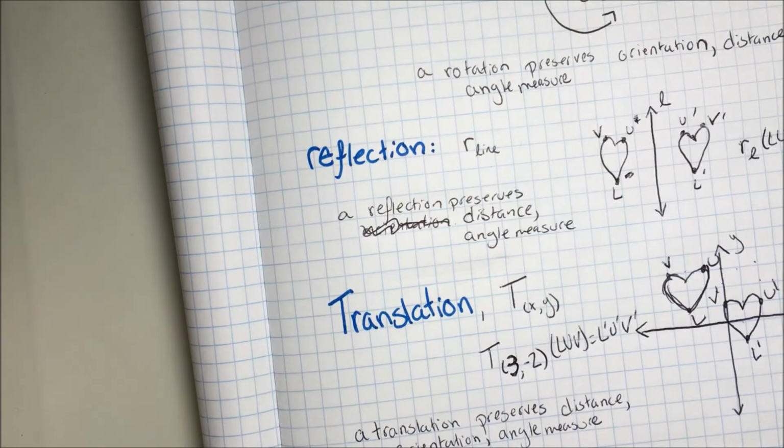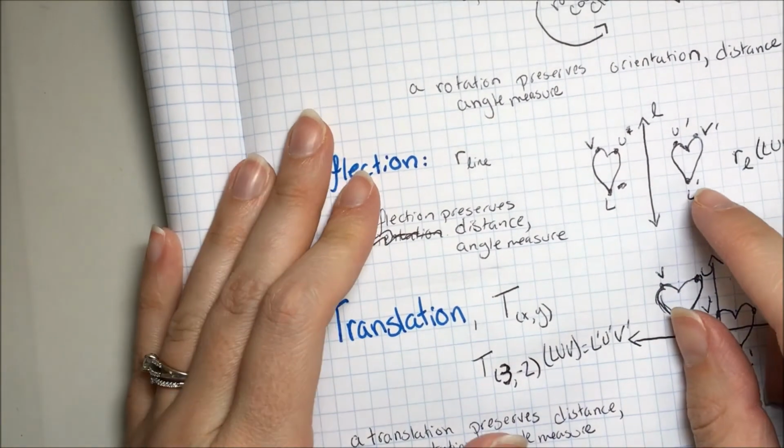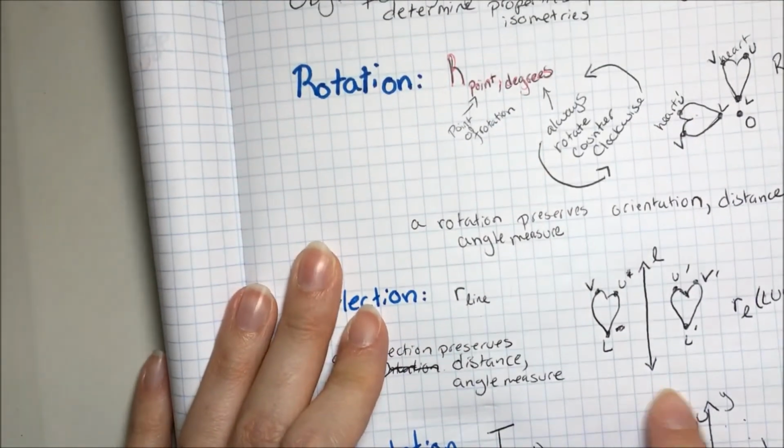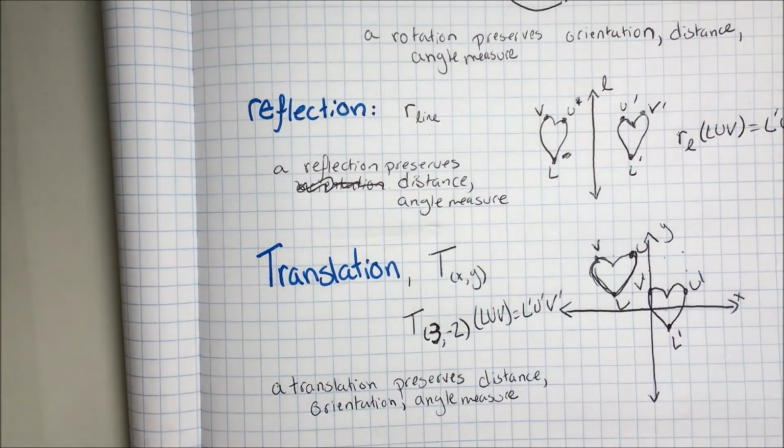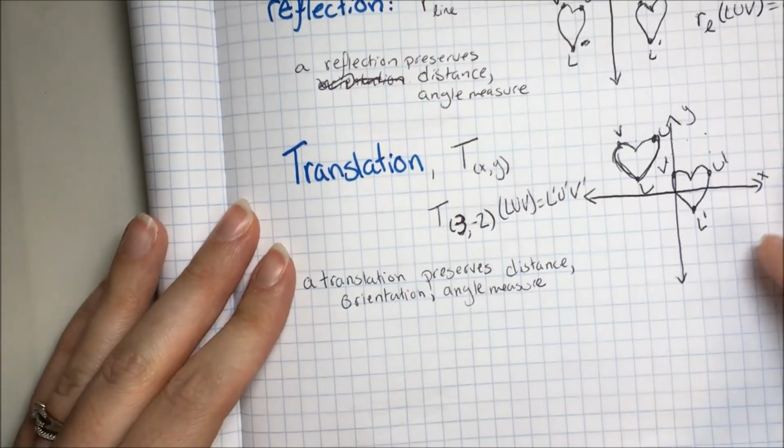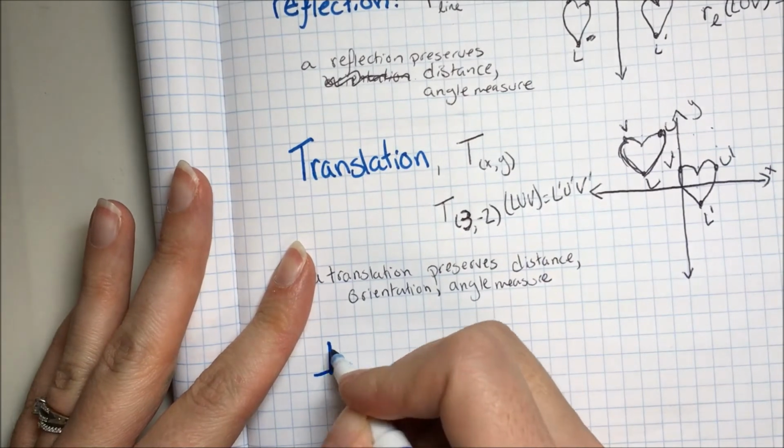So all of these preserve distance and angle measure. So whatever shape we start with is a shape that we ended with in all of these. Whenever distance and angle measure are preserved, it's a special type of transformation called an isometry.